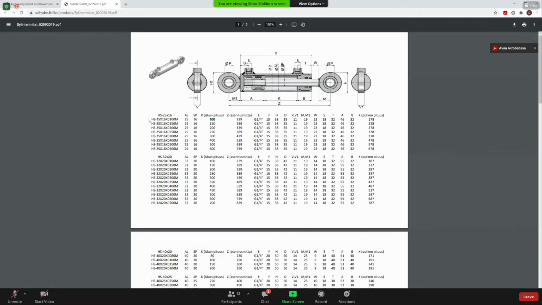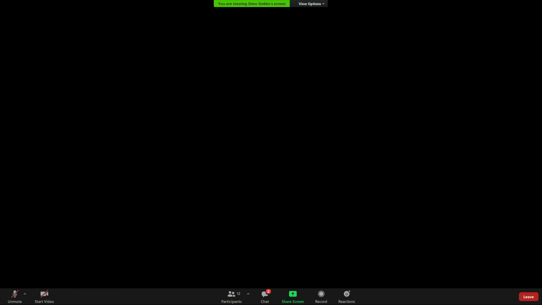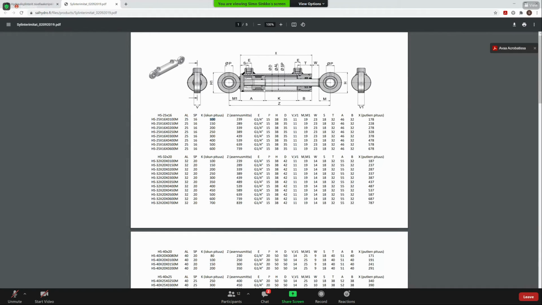So the first line here, now the maximum dimension would be 339. So this is the free space inside the cylinder, what the piston can move. So the maximum dimension is K plus Z.